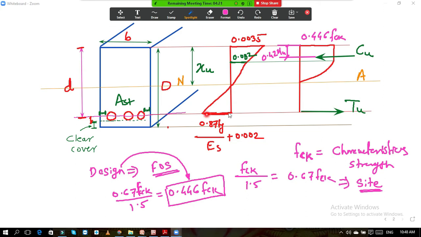So while evaluating this tensile force, we will take the stress in the steel because it is provided at the bottom. Therefore, the tensile forces are developed at the bottom, and the compressive forces are developed at the top. And while doing the calculation of this compressive force, we will consider the maximum compressive stress which we have considered for this design after applying the factor of safety, that is 0.446 FCK.